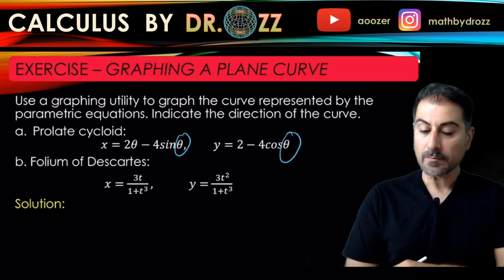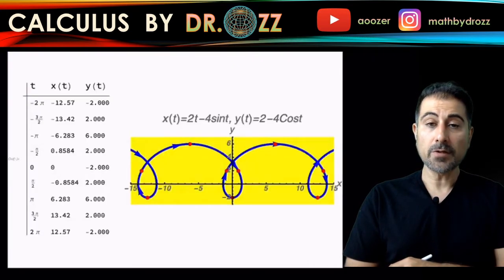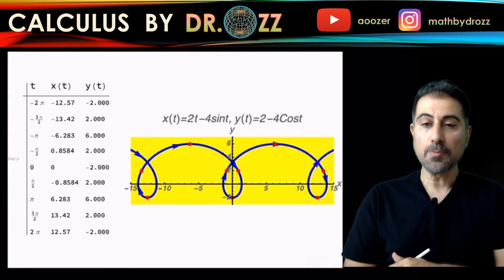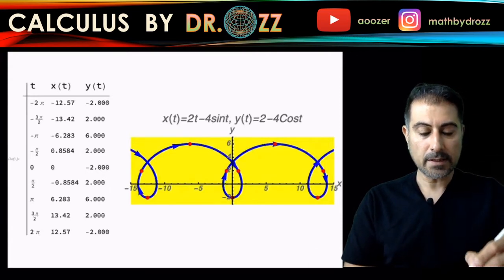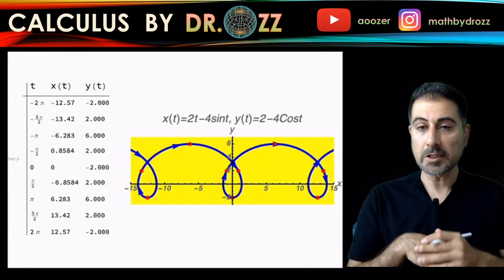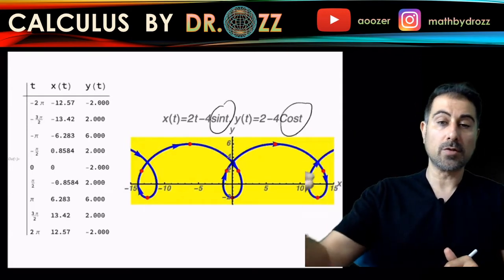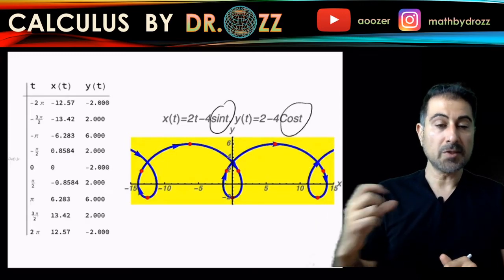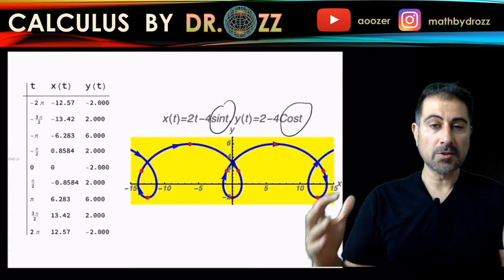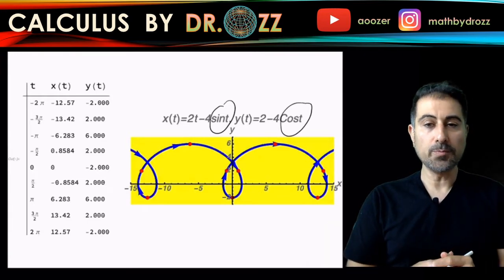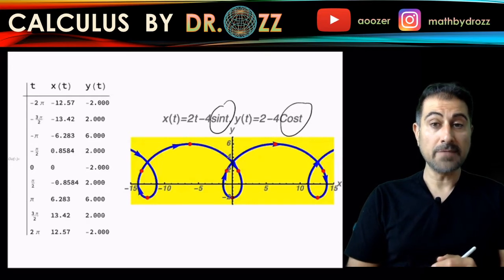Here we go. I have chosen t going from negative 2 pi to 2 pi. In fact, sine and cosine are 2 pi periodic functions, so minus 2 pi to 0 or 0 to 2 pi with smaller increments would also work for me to construct this curve because one loop takes 2 pi for the t values.